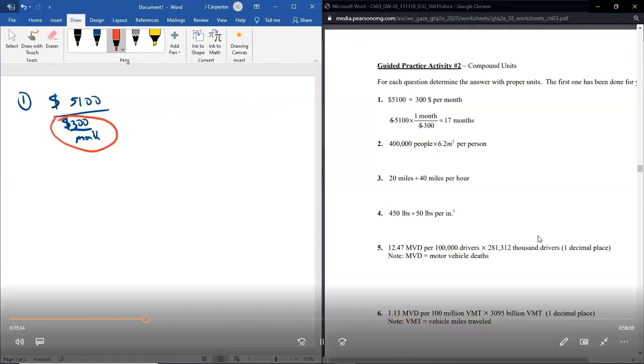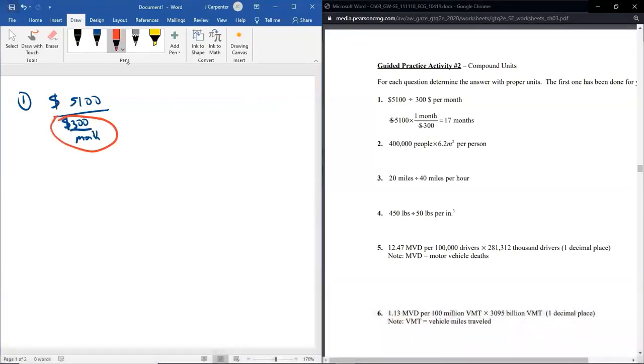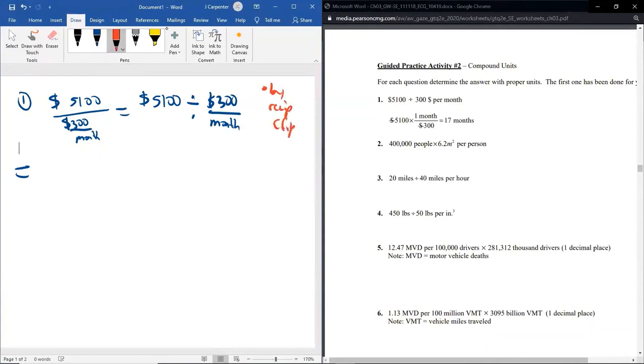So when I divide by that, it's going to have an extra fraction. And this gives you that compound fraction idea that we've lightly discussed. But the idea is that these two things will be the same. It's $5,100, and then I like to do the division symbol, and then $300 per month. I think this is better because how do we divide fractions? We multiply by the reciprocal, which means flip. That got ugly.